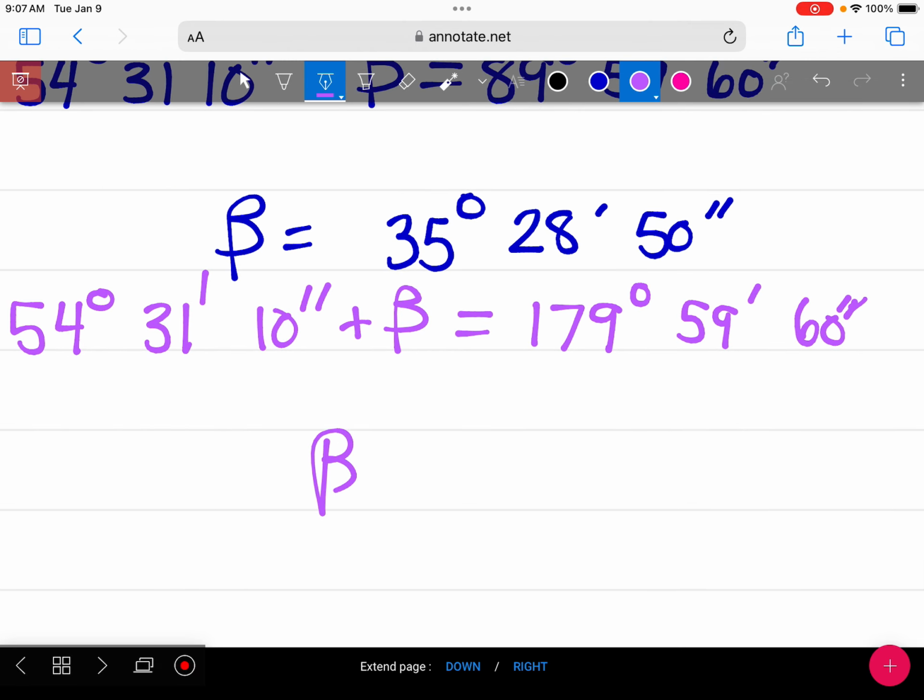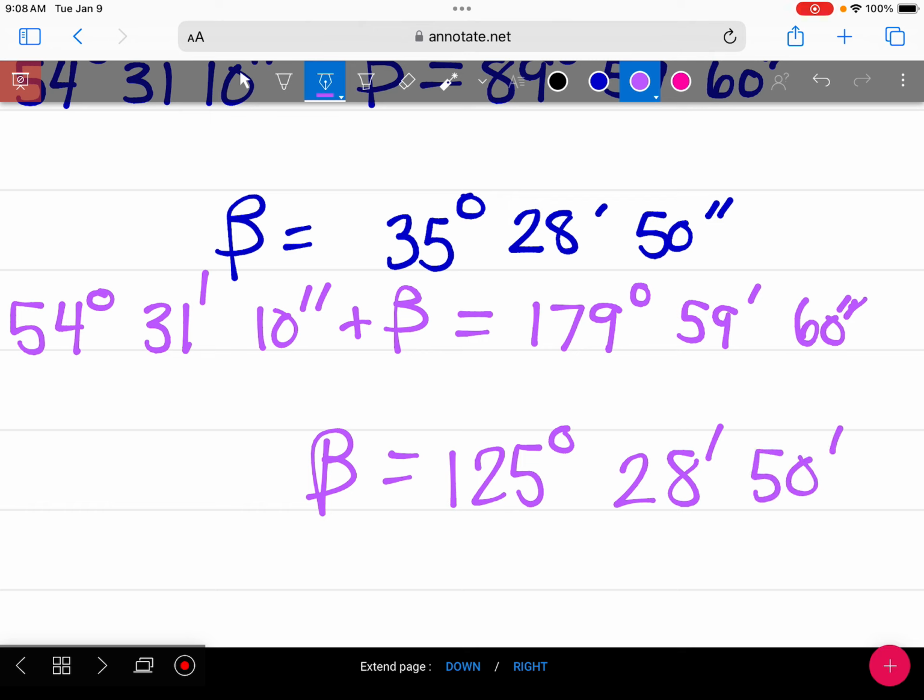So what is our supplementary angle going to be? 125 degrees, 28 minutes and 50 seconds.